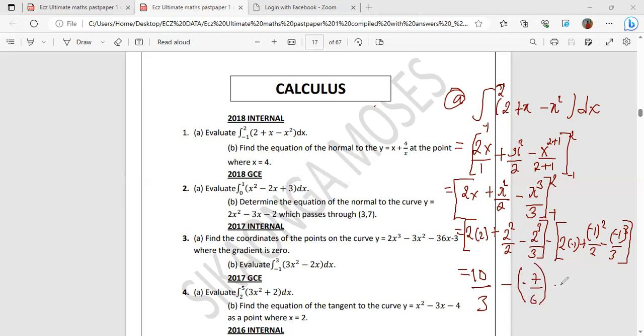So here, our final answer is simply going to be 10 over 3 plus 7 over 6, which is simply 9 over 2. We can write this final answer as 4.5 square units.